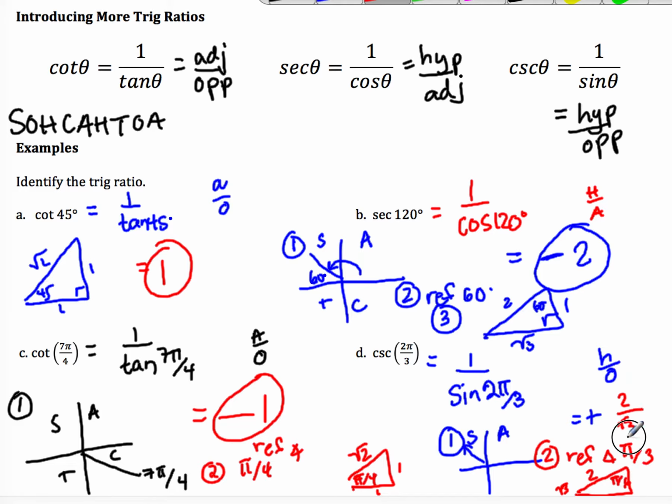We have to rationalize that there. So multiply by root 3 over root 3, and we get a final answer here, 2 root 3 over 3. I'm going to highlight that because it got quite messy. That's it for today.